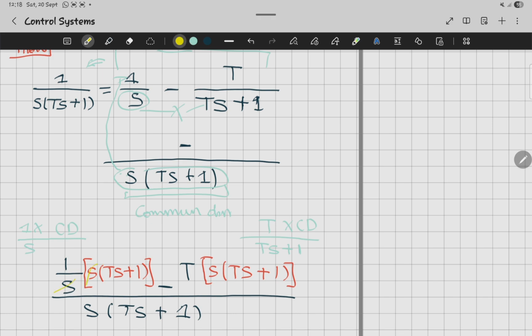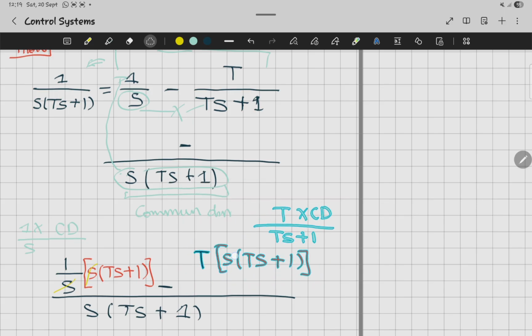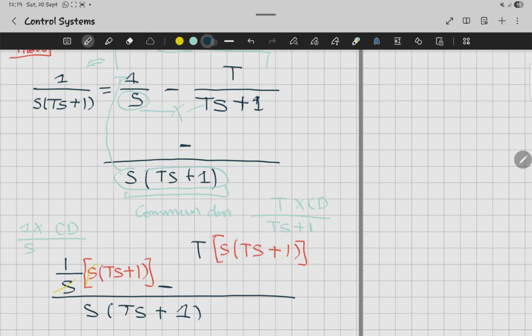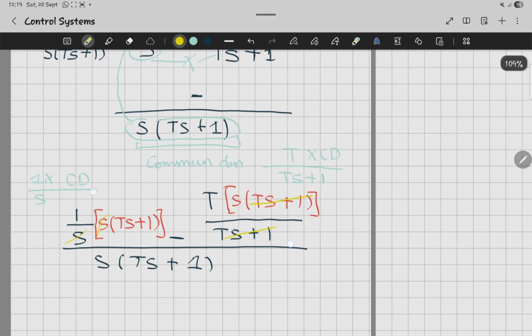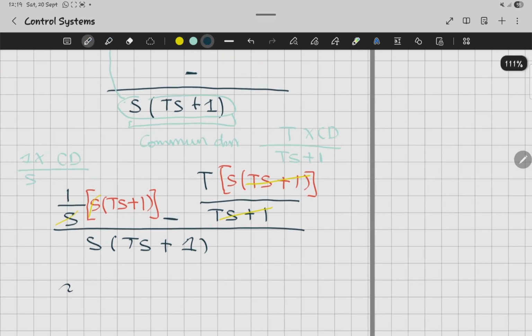Okay, and since I forgot to add the denominator to this block, remember there's a denominator here, so we're going to have ts plus 1. And then you're going to see that this one and that one inside here will cancel out. So we're going to end up with this fraction s(ts plus 1).